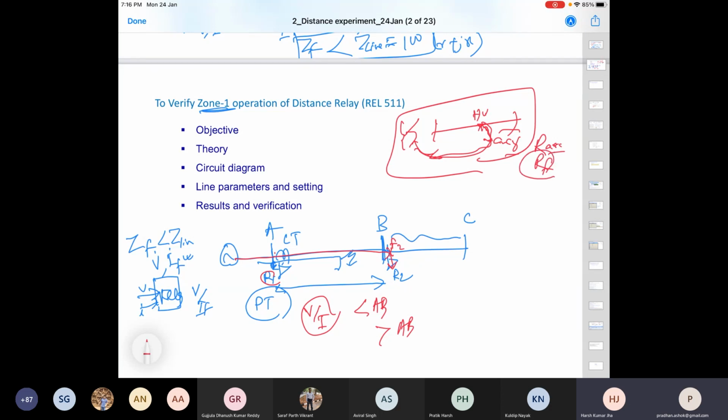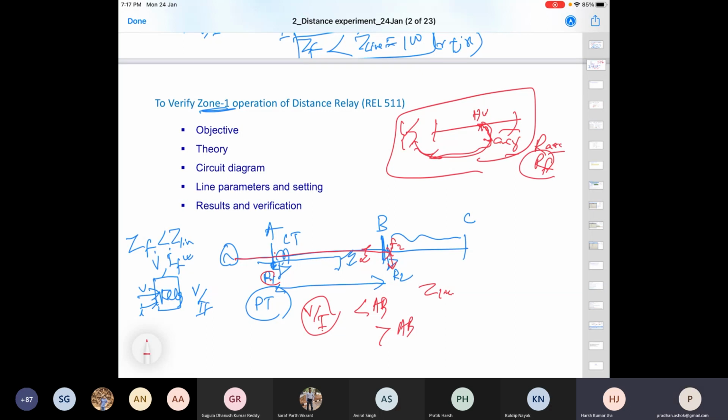Therefore, even if the fault happens here, sometimes the V by I will be more than the Z line, and in that case the relay will see as if the fault is beyond the reach point, and it will remain silent. Then this becomes a detrimental thing.